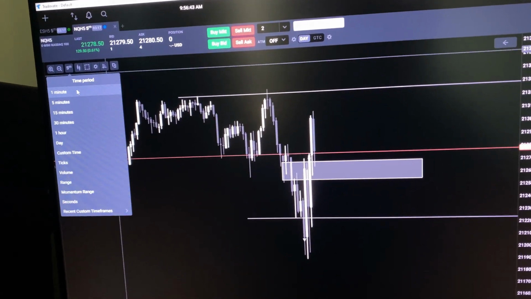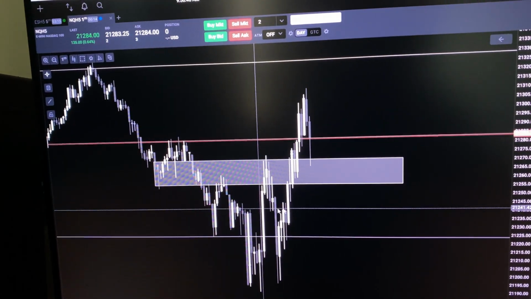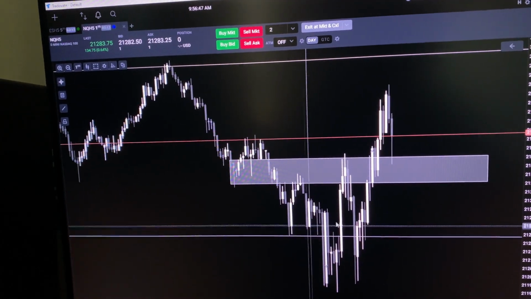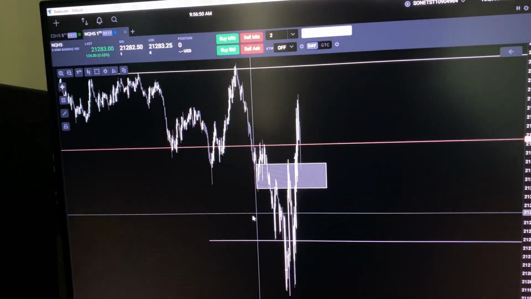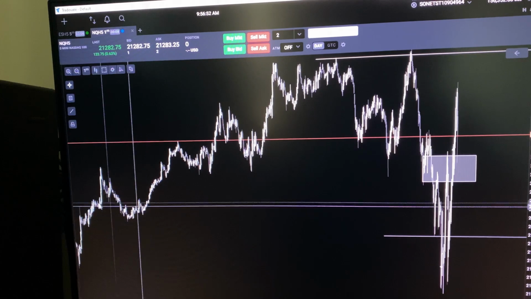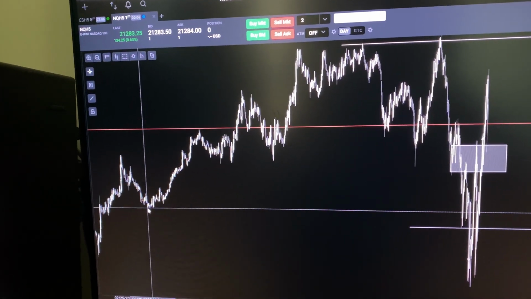So all I had to do in the morning was go into the 1 minute time frame and look for either the most recent lows, which were these, right?